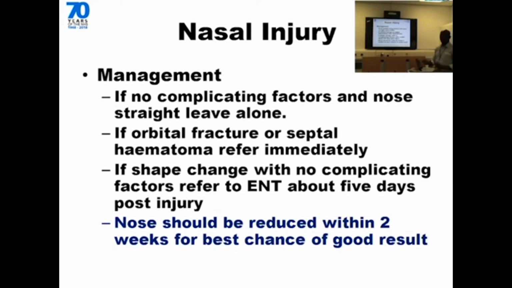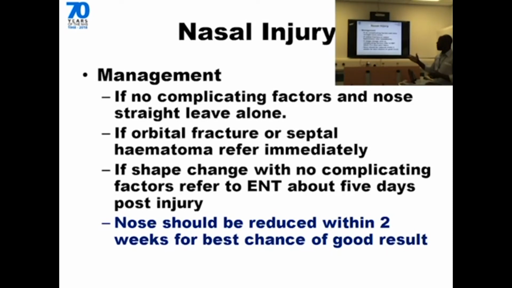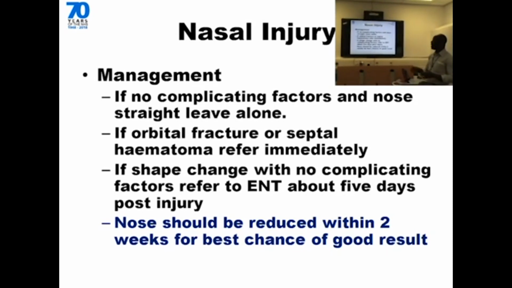If there's a septal hematoma, refer him immediately. That's a red flag. And if there's a change but no complicating factors, you refer to ENT to be seen in SAU about 5 days post-injury. Then between day 5 and day 14, we have to arrange for it to be reduced. Of course, like I said, 2 weeks to reduce to get the best chance of a good result.